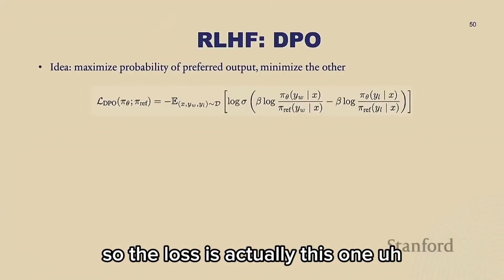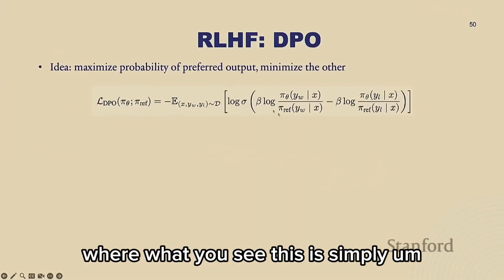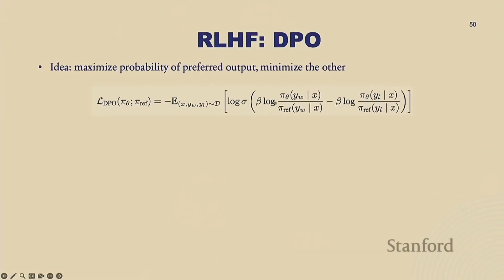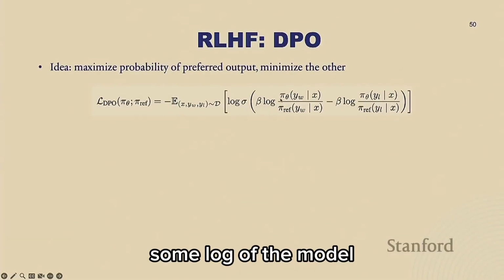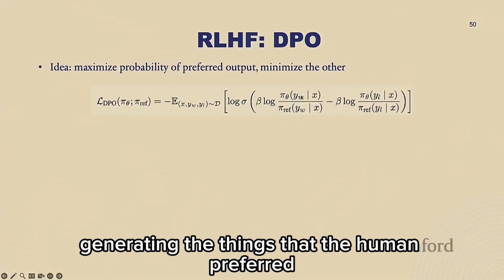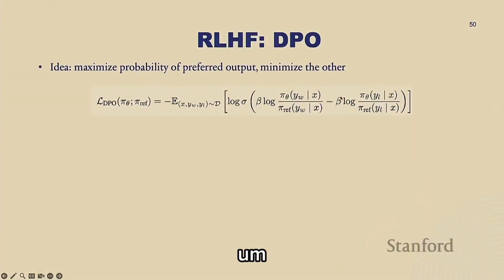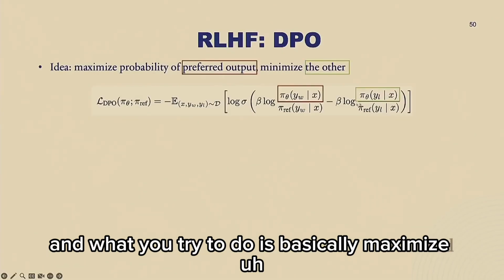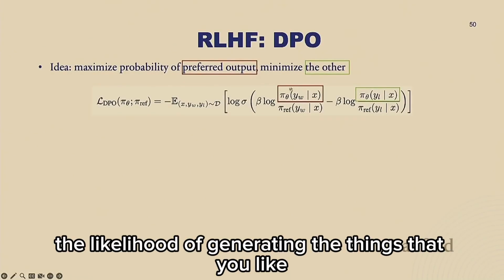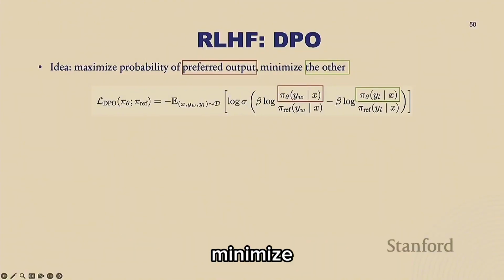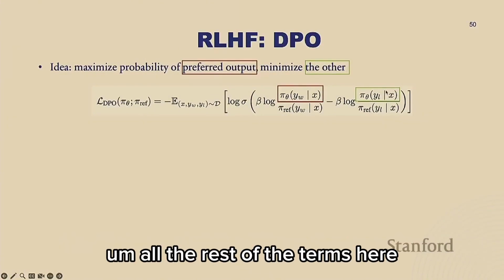So the loss is actually this one, where this is simply some log of the model. This is the likelihood of a model generating the things that the human preferred given the inputs. And what you try to do is basically maximize the likelihood of generating the things that you like, minimize the likelihood of the things that you don't like.